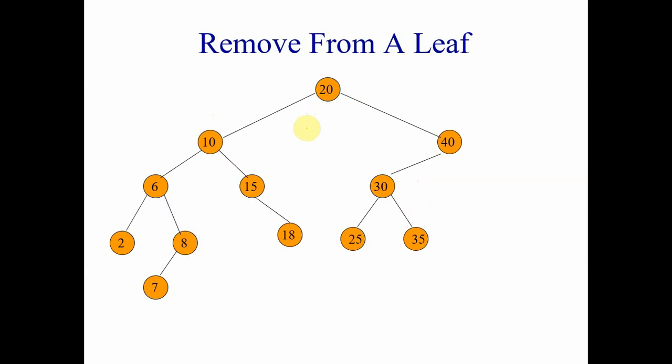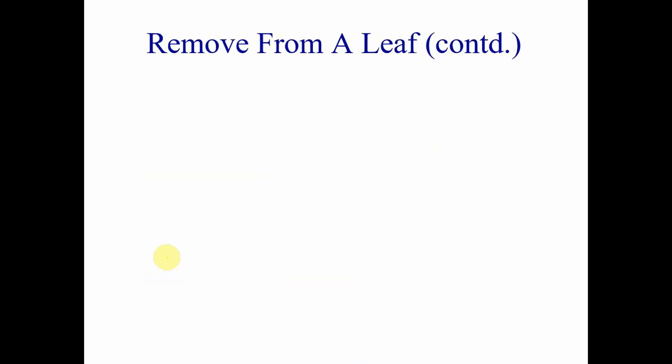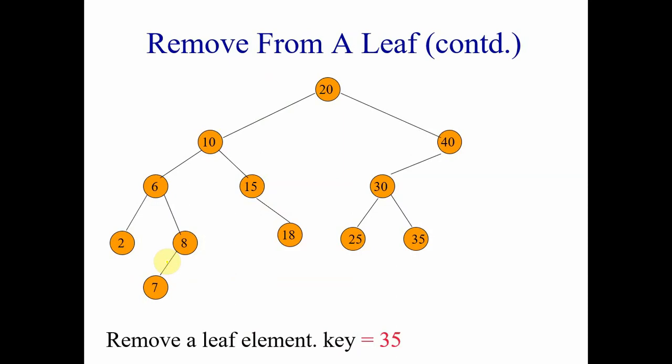If you refer to the tree we have constructed, the example we have used, we would like to remove, for example, the node with key 7. To remove it, just break this link. Okay, it would complete the job. And another example, if you remove 35, just remove it. Okay, it will be fine.